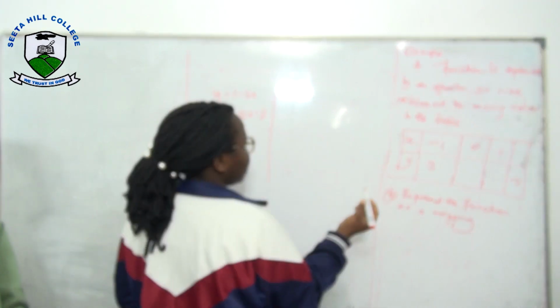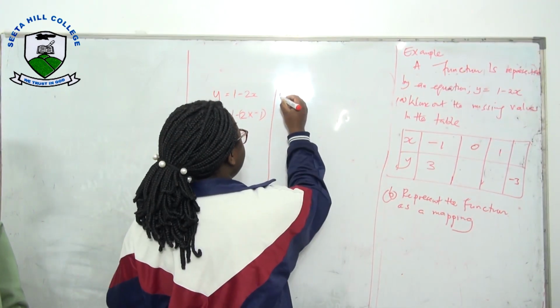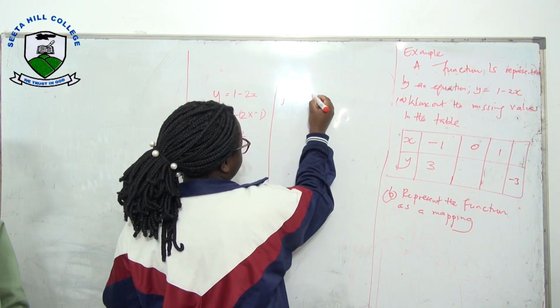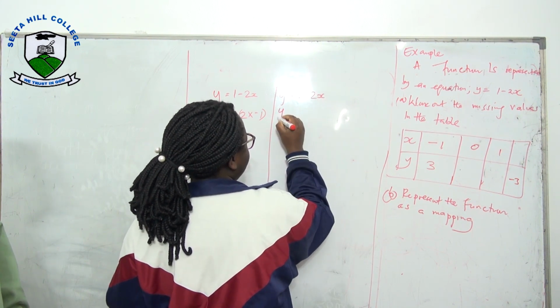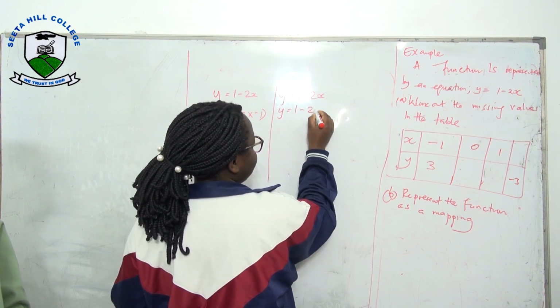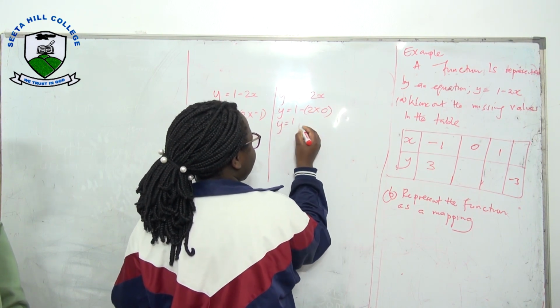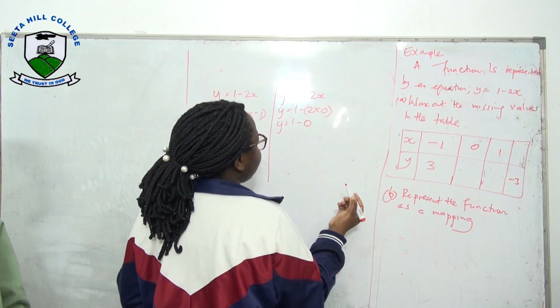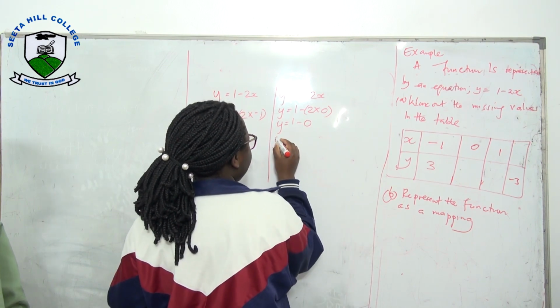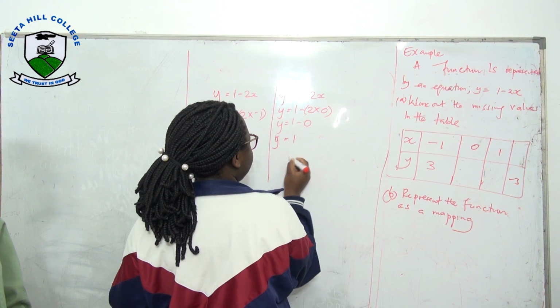Again, for the next column, y is equal to 1 minus 2x, so y is equal to 1 minus 2 times 0. This gives us y is equal to 1 minus 0, because 2 times 0 is 0, so y is equal to 1.